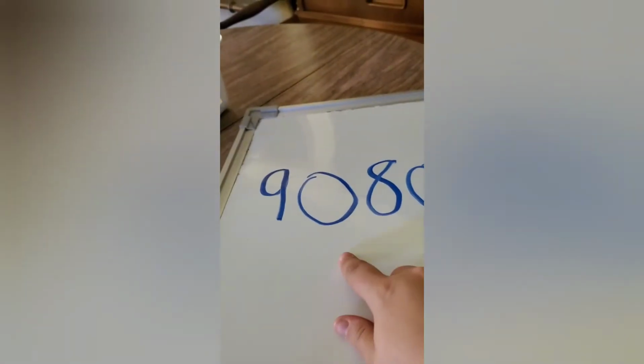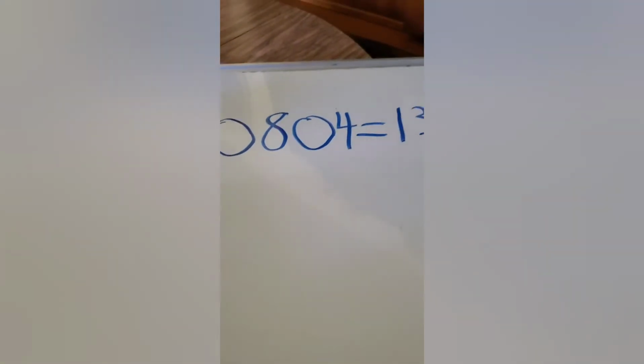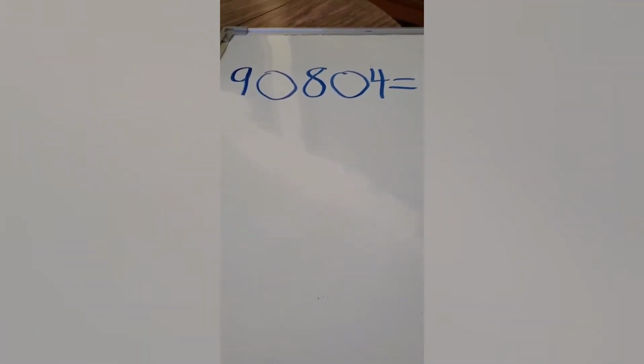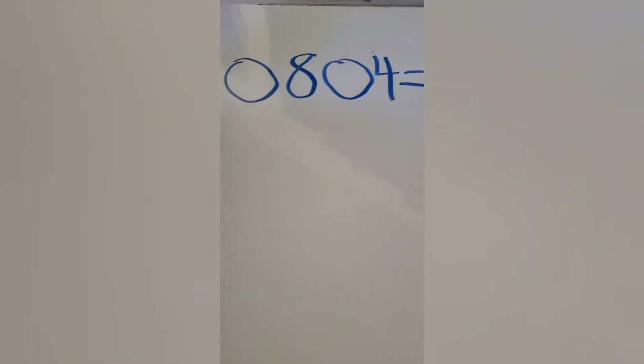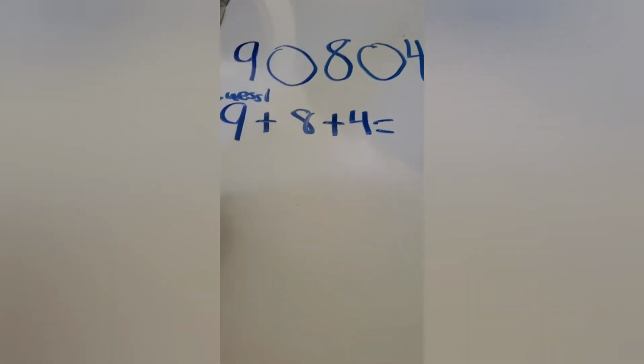Okay, so here I have 9 and 8 and 4 equals 13. So I have to guess what sign goes in there. I'm going to try out 2 addition signs first. So here is my guess. Guess number 1. 9 plus 8 plus 4 equals, and I'm going to try it out, okay?